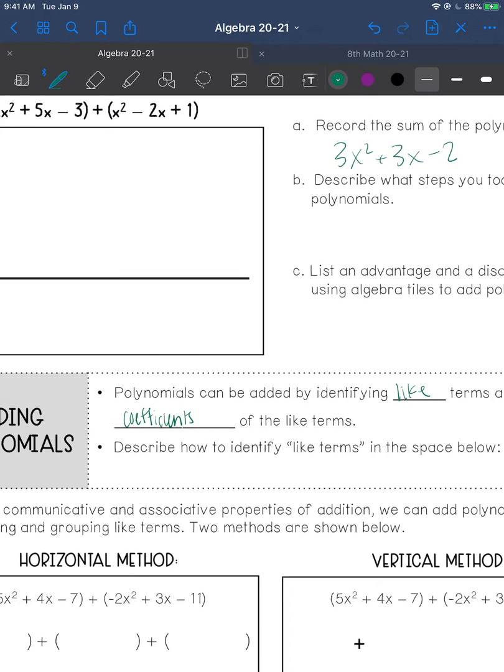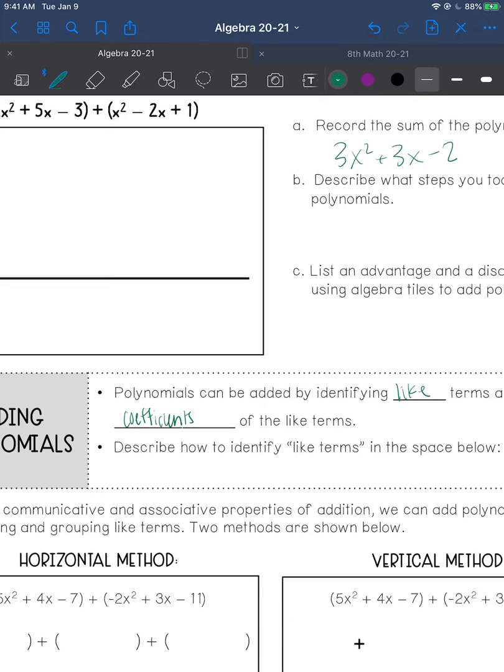What makes it a like term? It has to have two things in common. Same variable, or same base, yes. Same exponent, yes. However you want to remember that, that's fine. But the letter has to be the same and the powers have to be the same in order for them to be like terms.